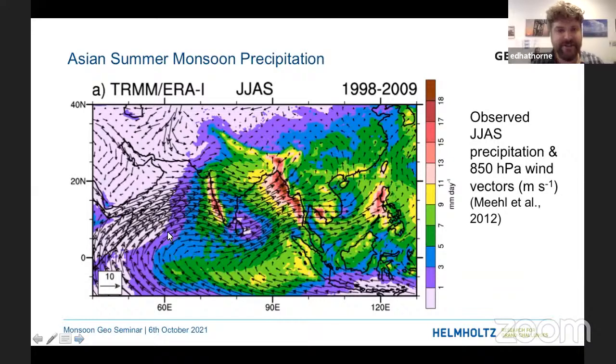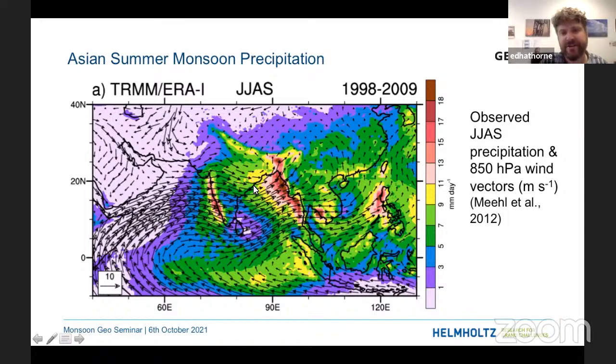Okay, so I don't need to introduce this to this audience, but this is what the Asian summer monsoon precipitation and winds look like. This is reanalysis data for June, July, August, September, 1998 to 2009. And what you can see here is the monsoon circulation, these southwesterly winds bringing moisture from the Indian Ocean across the Arabian Sea, dumping a lot of it here on the Western Ghats.